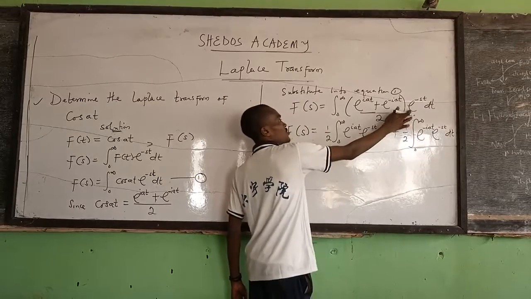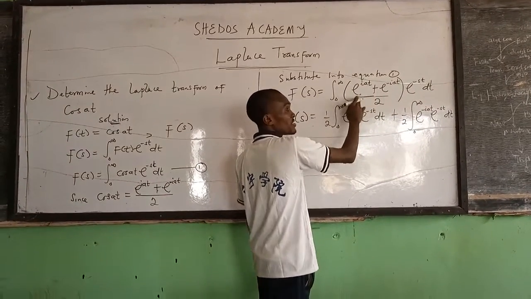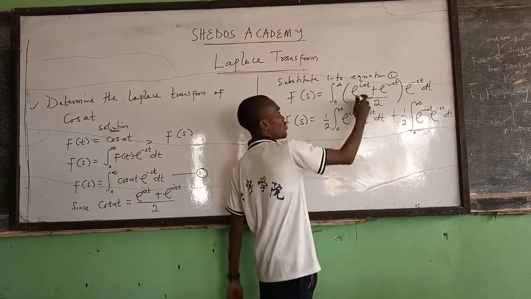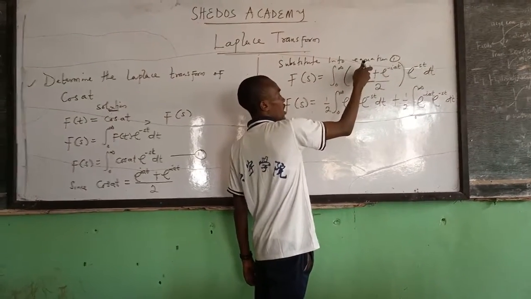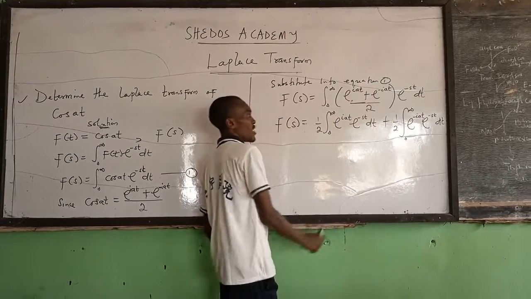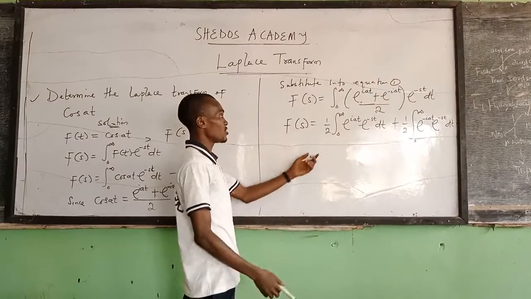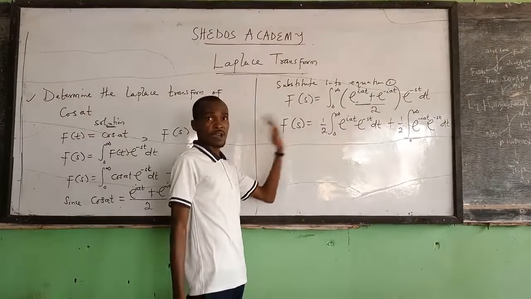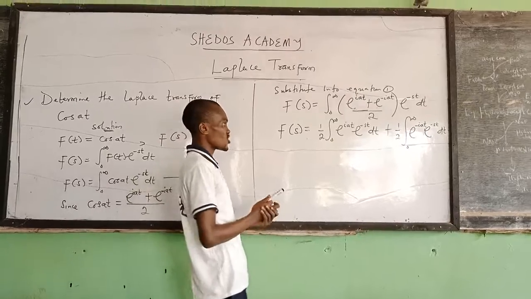What we did was to use this exponential that is outside the bracket to multiply each of these terms. And remember, over 2 simply means you can divide them individually by 2. And in integration, we have the liberty to take 1 over 2 to the front of the integral because it's simply a constant.